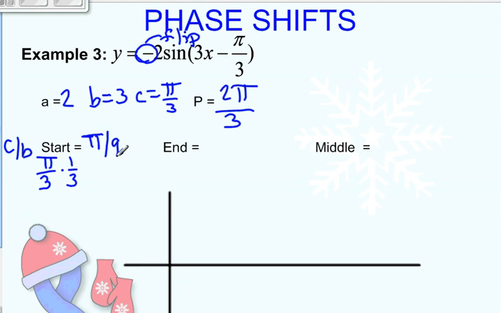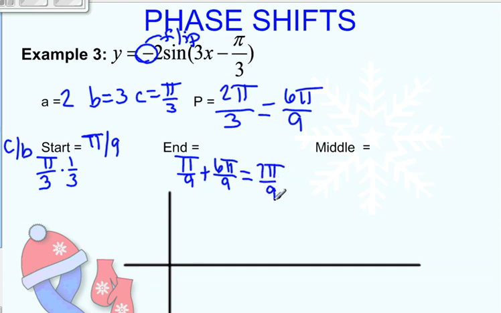Okay, 2 pi over 3 is not in a base of 9, but we can make it a base of 9. Okay, so we multiplied by 3 to get to 9, so we're going to multiply the top by 3. So we get 6 pi over 9. So we're going to have pi over 9 plus 6 pi over 9, which gives us 7 pi over 9 for our end.